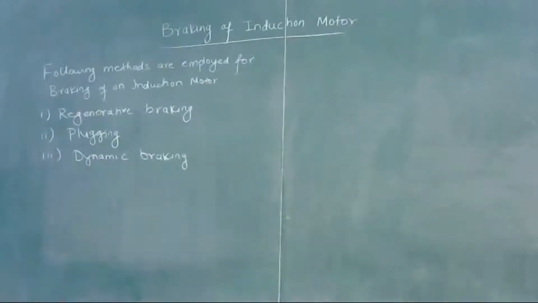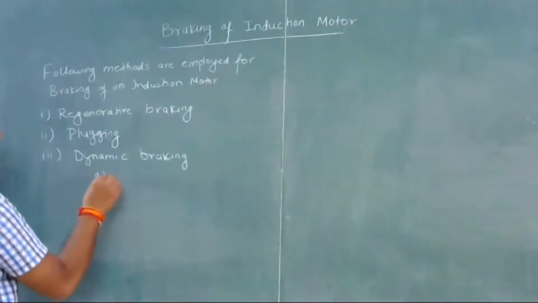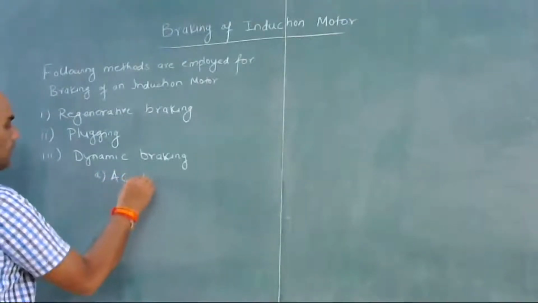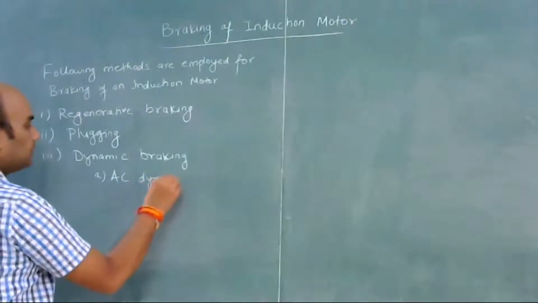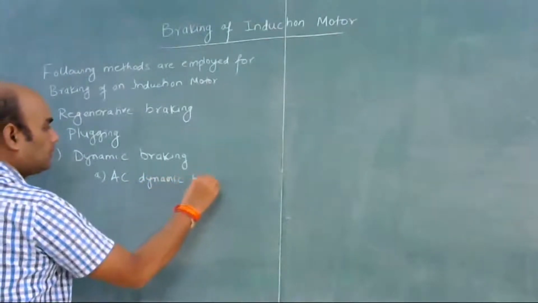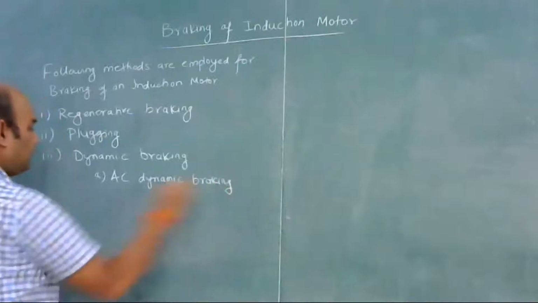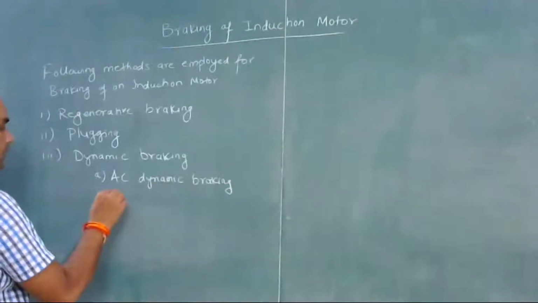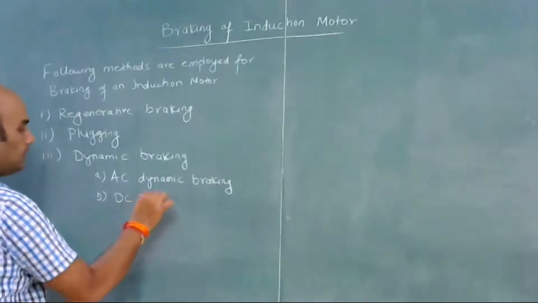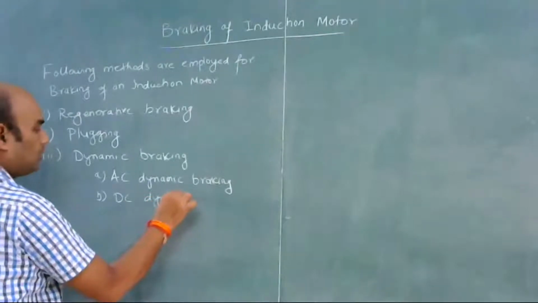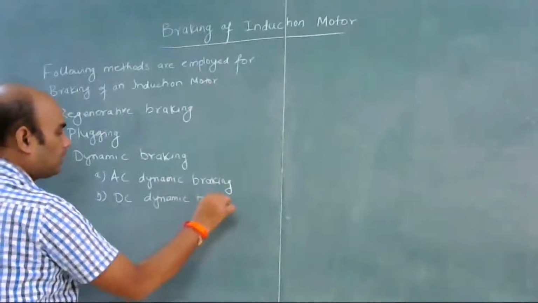The dynamic braking can be categorized into some more classifications. First is AC dynamic braking. Second is DC dynamic braking.